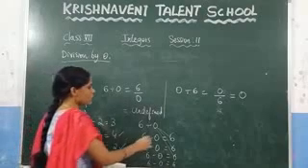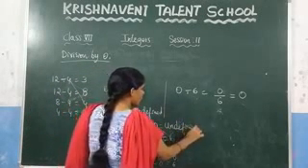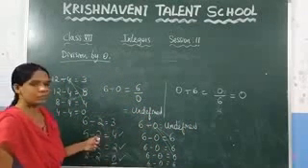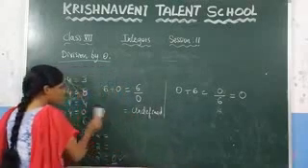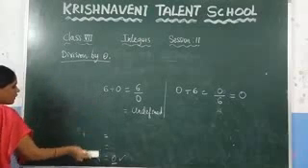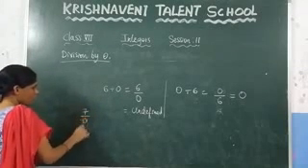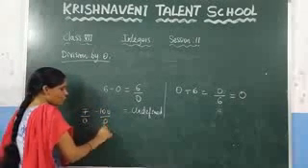So for this reason we can say that this value is undefined, since we are not getting the 0 under successive subtraction. For that reason we can say that if the denominator is 0, that value is undefined. So here, what is the value of 7 by 0? Which is undefined. What is the value of minus 100 by 0? Which is undefined.